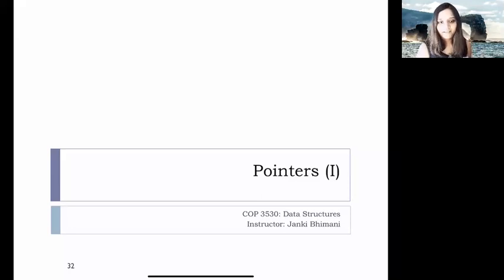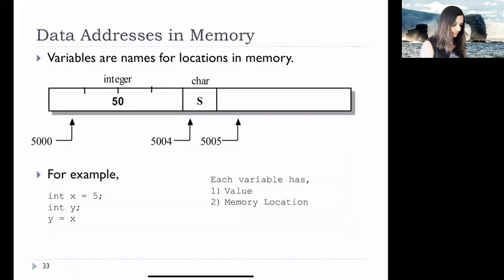Okay, welcome again. Let's start with our concept of pointers. First, in order to understand pointers, we need to look into how things are stored in memory. As we said before while discussing the concept of iterators, imagine that your memory is a long, big array of content.